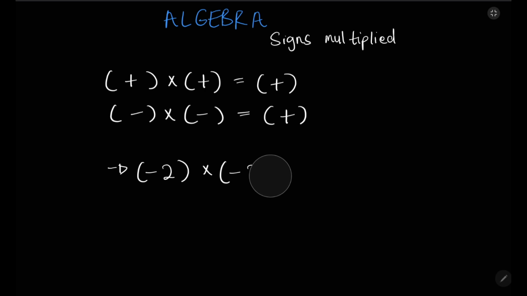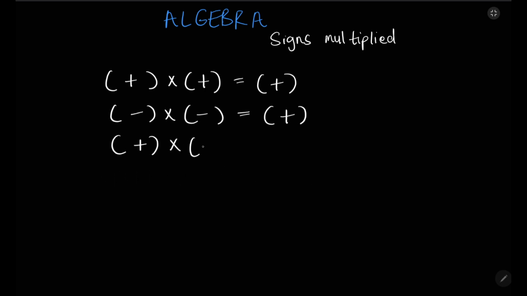And if you have, let's say, positive times negative, your answer will always be negative. For example, let's say 8 times negative 1. 8 times negative 1, your answer is negative 8.